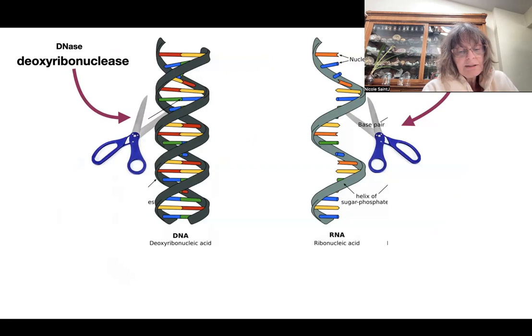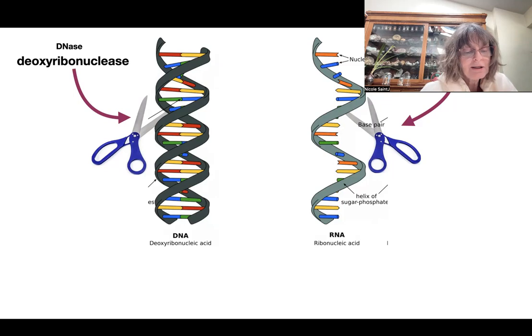And so we cut the DNA and the RNA with DNase, which is produced in the parotid salivary gland and in the pancreas, whereas the RNase is only produced in the pancreas. So DNase and RNase cut down the DNA and the RNA respectively into single nucleotides.